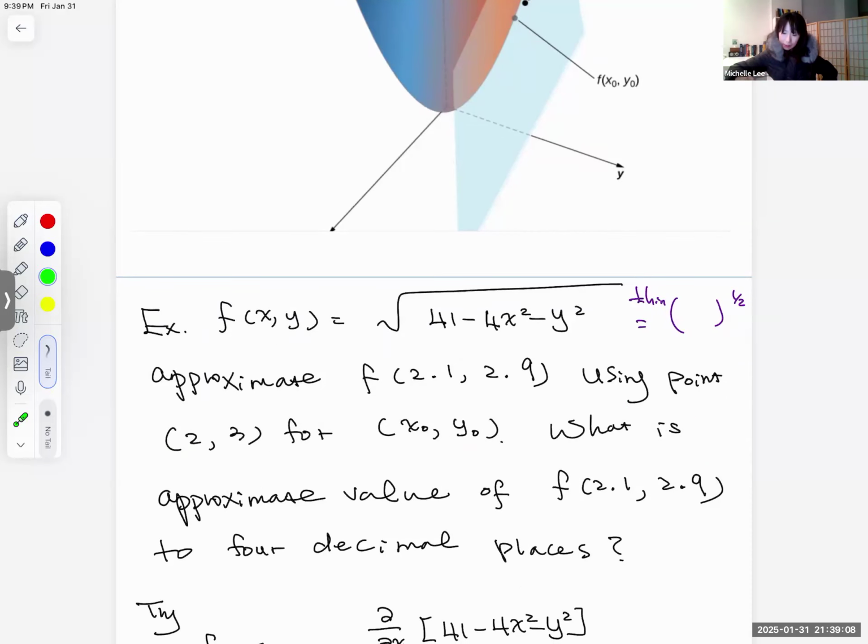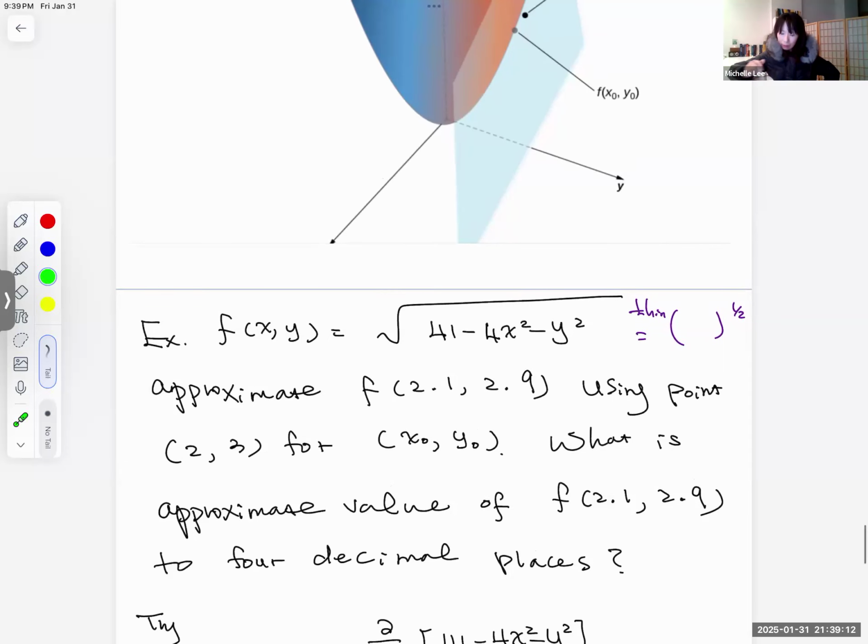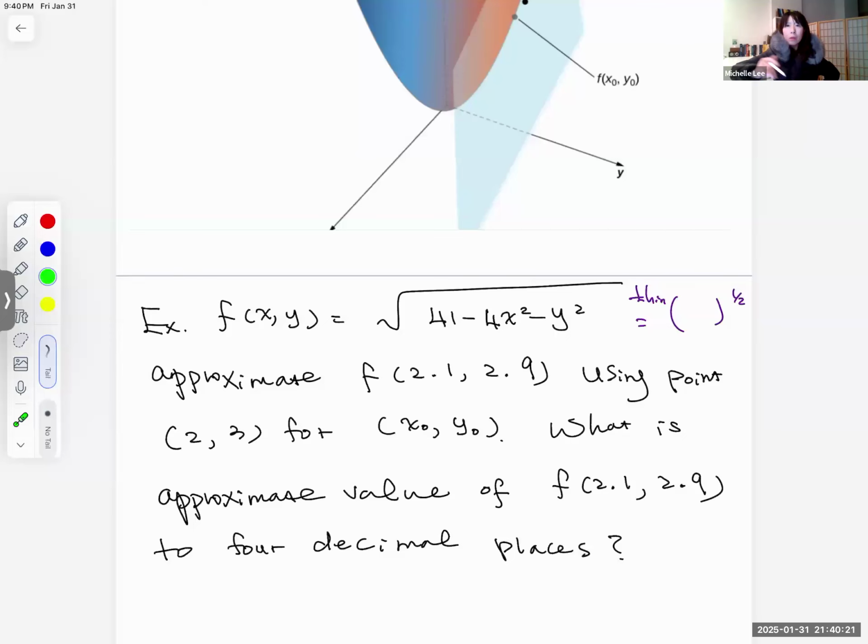And then what is the approximate value of f of 2.1, 2.9? All right? Okay, so let's find the partial derivative with respect to x.